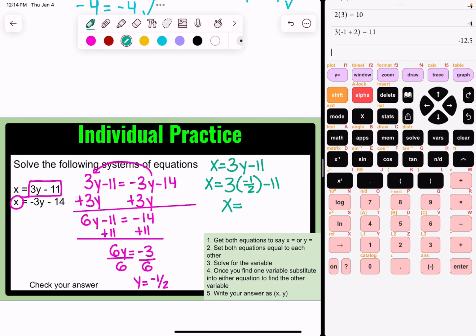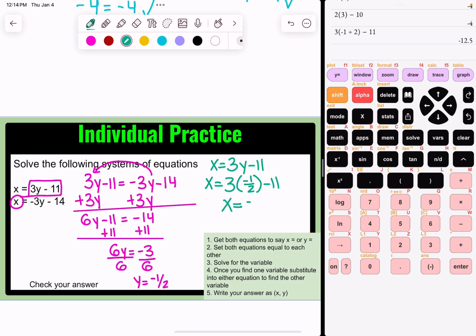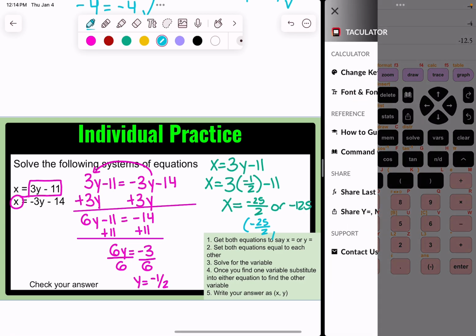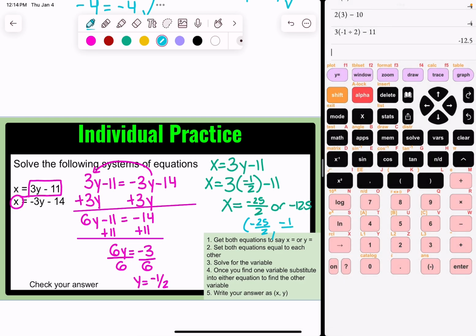I get -12.5. You could either write it like that or you could write -25/2. Doesn't matter. I'll just keep it as a fraction. So our final answer is, oh no, my x first. My x is -25/2, my y is -1/2.